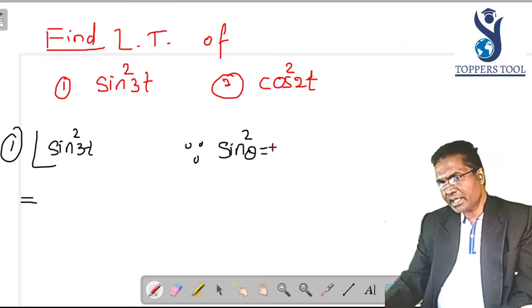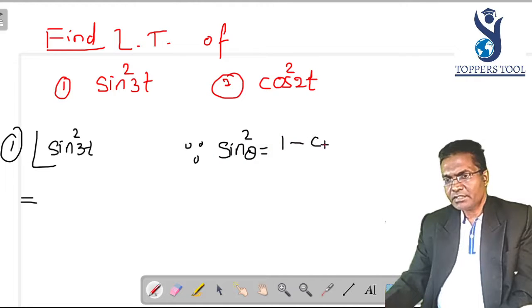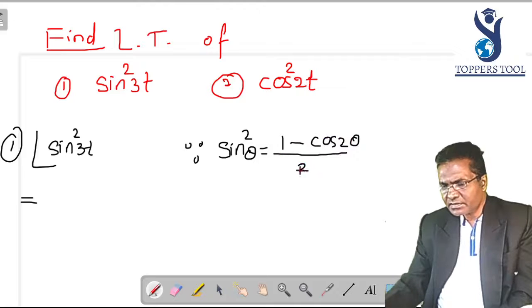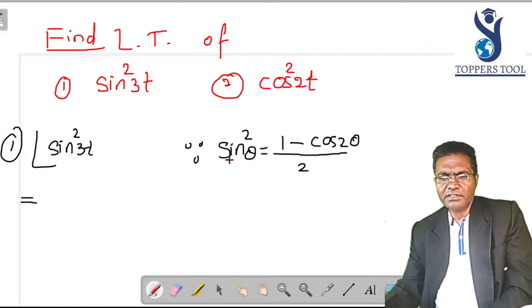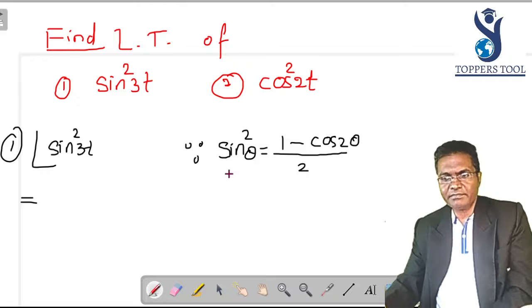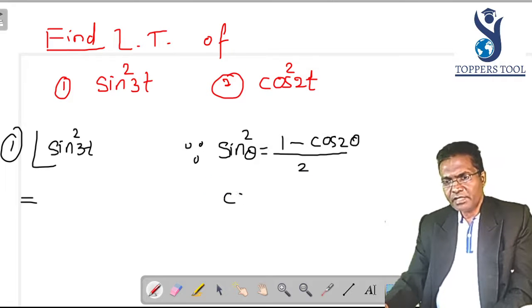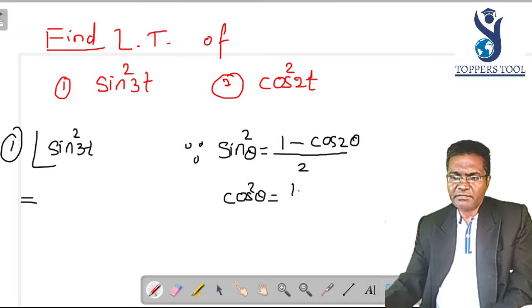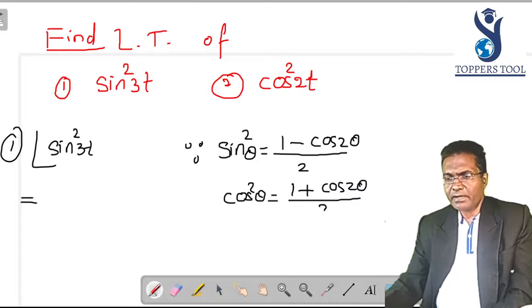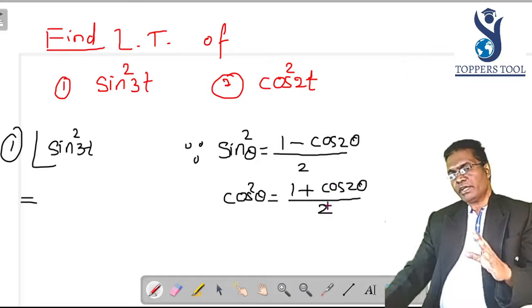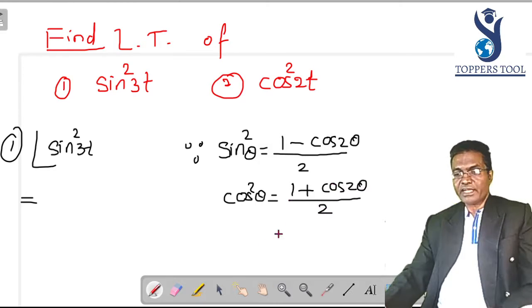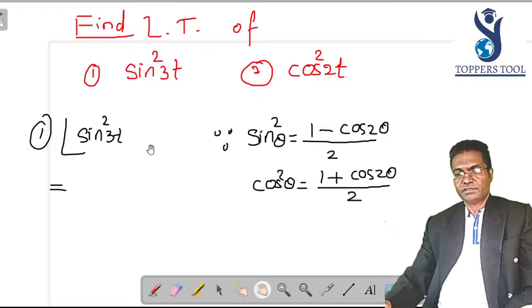Sine square theta can be written as 1 minus cos 2 theta by 2. That is the same transformation formula. If you write sine into sine, you will get the same thing. Similarly, cos square theta can be written as 1 plus cos 2 theta by 2. Remember these two very important formulas, we often get these. Okay.